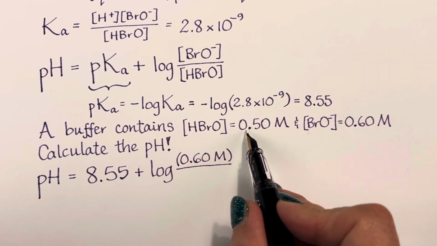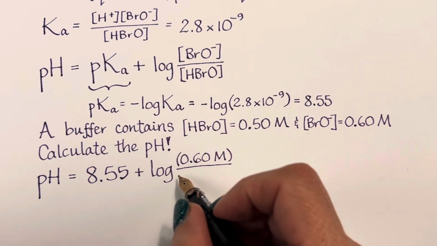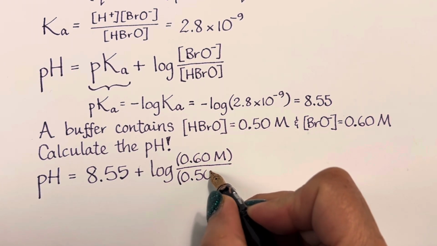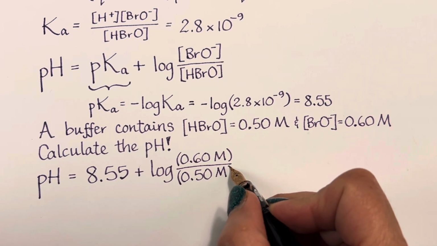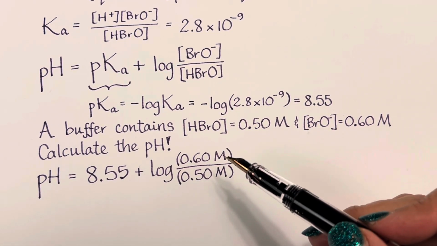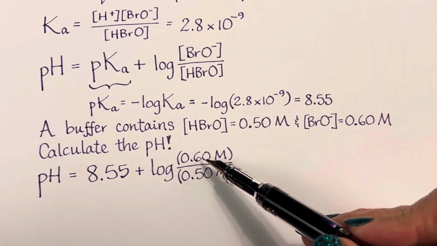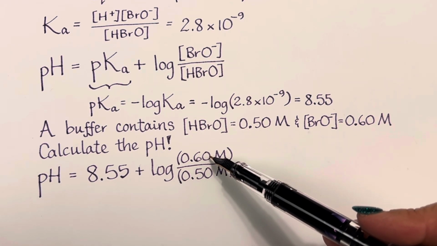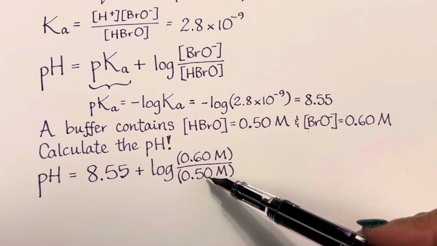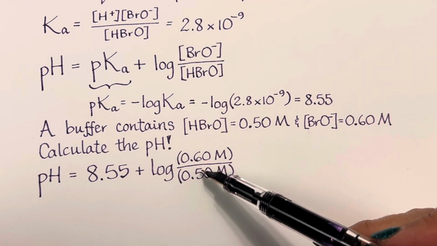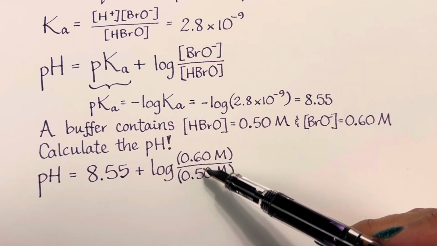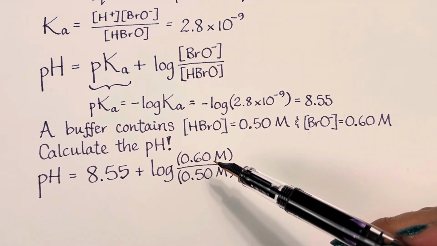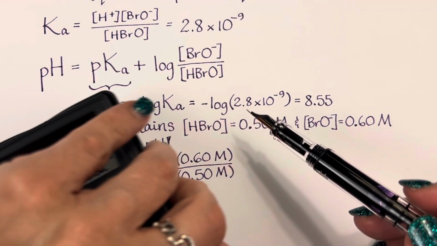That we are told is 0.50 molar. Notice how we have a ratio here where there's slightly more of the base than there is of the acid. So we have a ratio that's greater than 1, 0.6 divided by 0.5. In fact, we could look at what that value is.